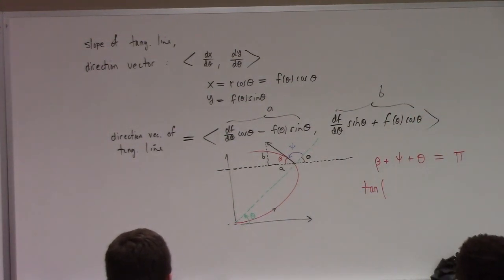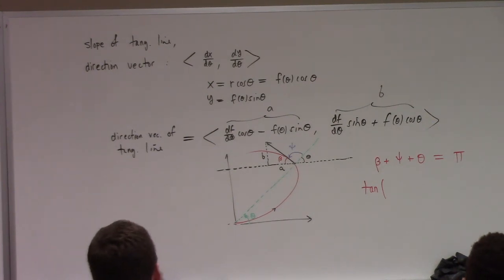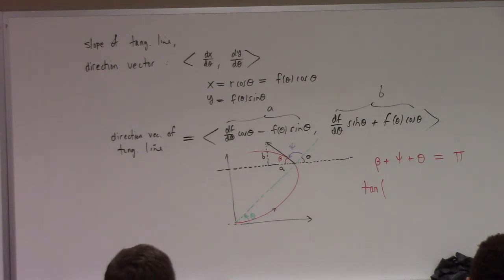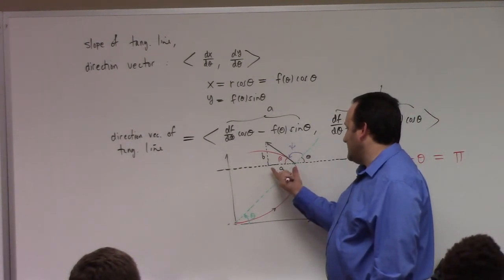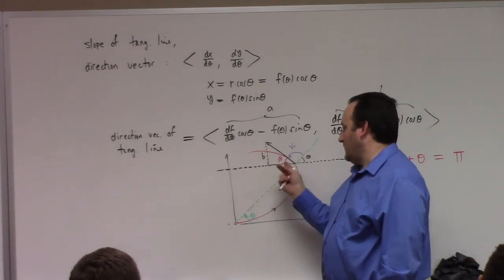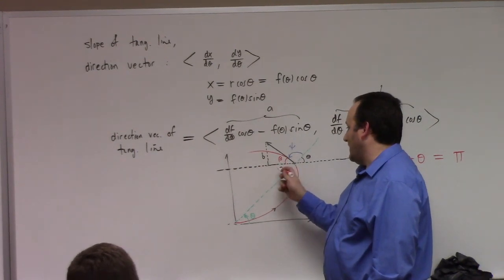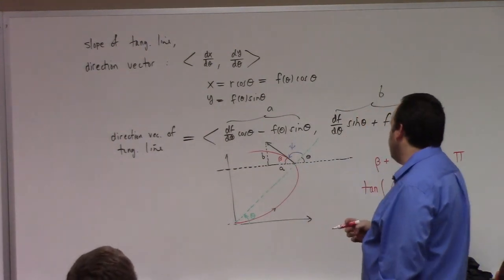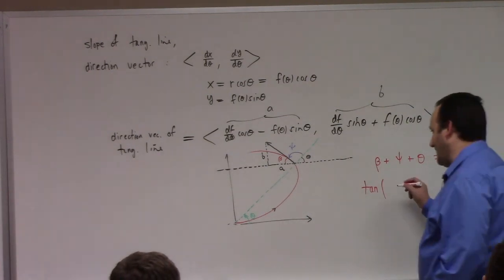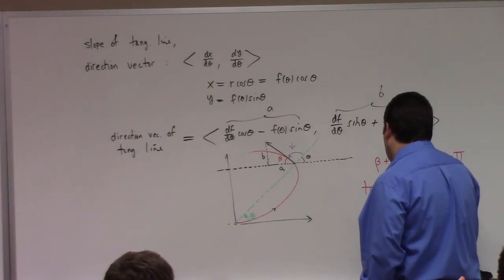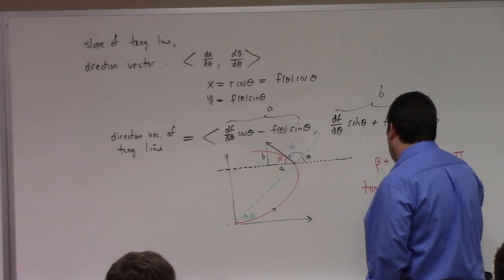Now here I might get into some trouble in terms of the signs. See, because in my picture, at least in this particular situation, it's the case that A is negative, right? So if I want the acute angle here, I actually need to put a minus A here. So I'm thinking the tangent of beta.